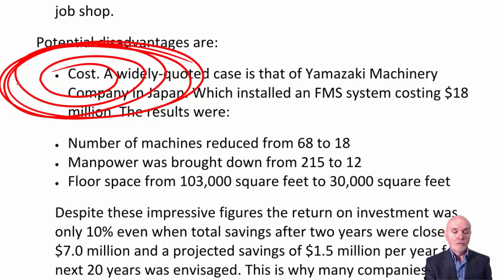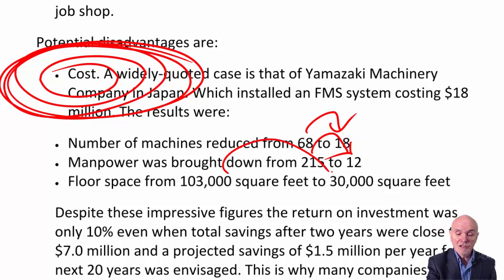And although this example which is quoted, of the Yamazaki machinery company in Japan, it cost 18 million. It had a big reduction in the number of machines, a huge reduction in the number of staff needed, a huge reduction in the area of the factory needed, because of course you've got fewer machines that have to be accommodated and so on.